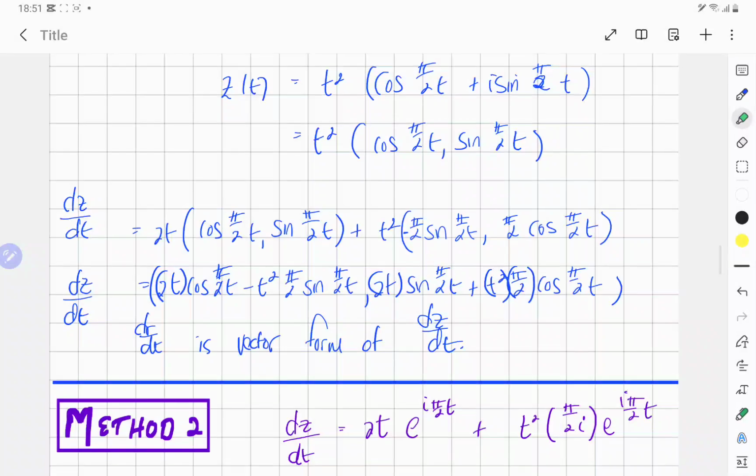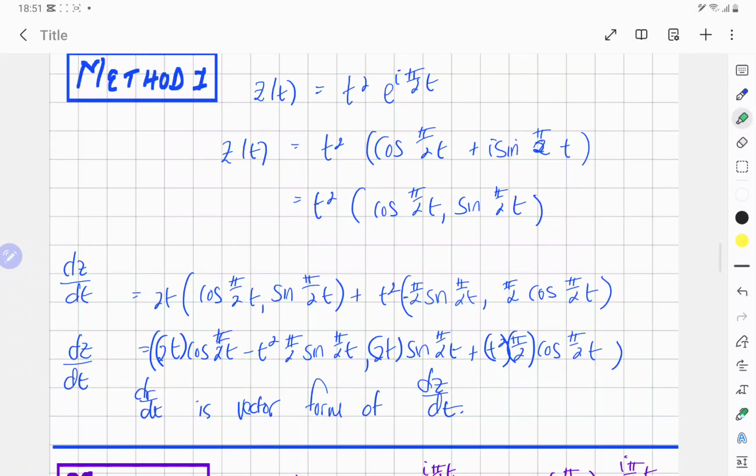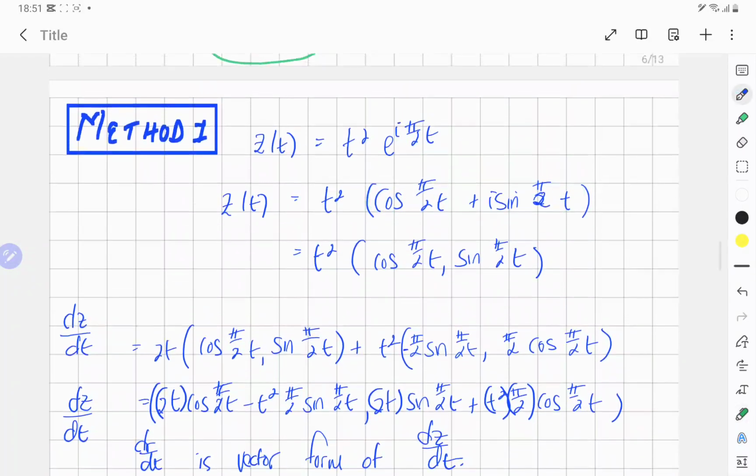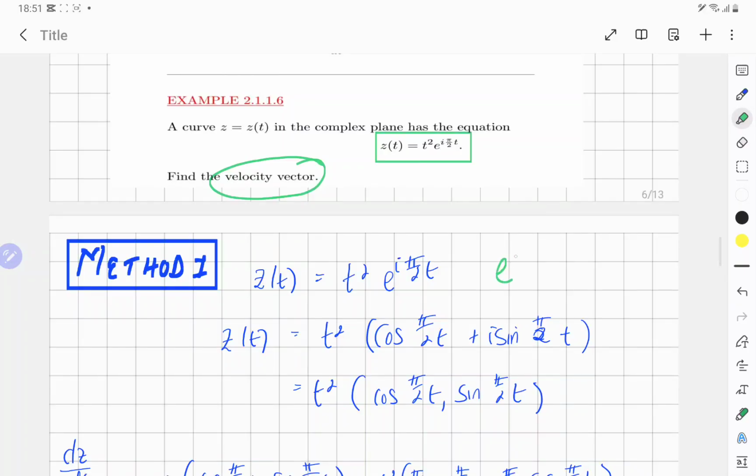So what I'm going to do quickly, to save time, is not do it the first method way, but you can recall the first method way, I changed to my Euler form. Please do not forget that Euler is cos theta plus i sine theta.